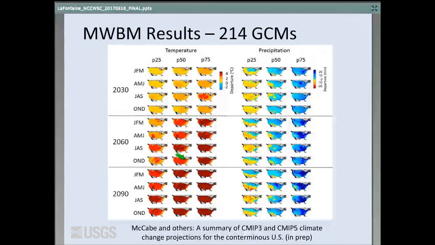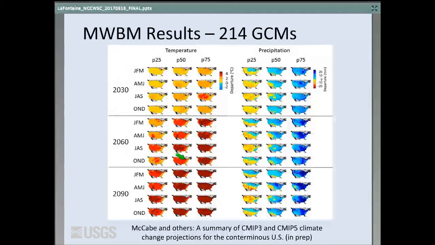And so this analysis by Greg McCabe and others looks at a synthesis of all of those runs and how we see changes in temperature and precipitation and runoff into the future at the 2030, 2060, and 2090 time slices, and those are with a period of record that's averaged around those. So that's the averaging year.